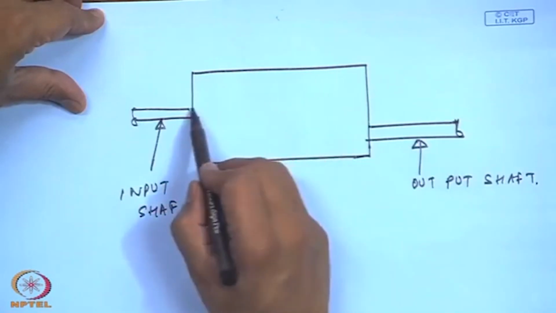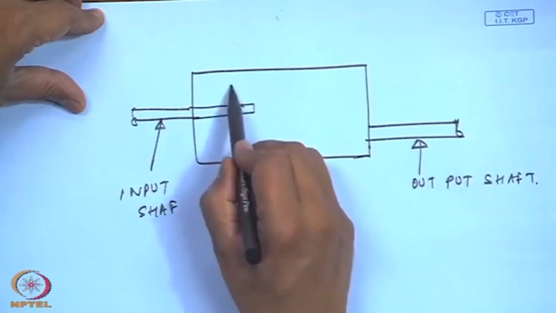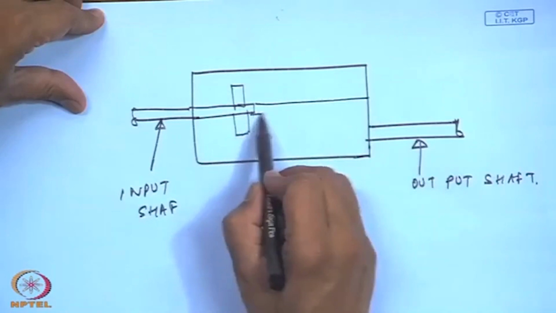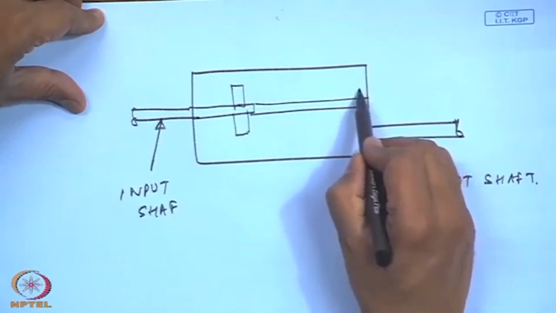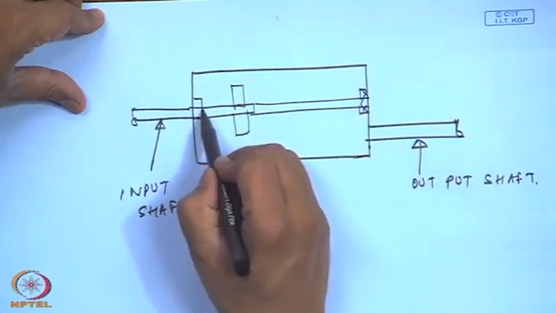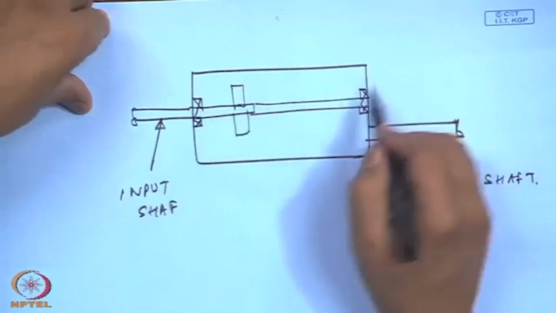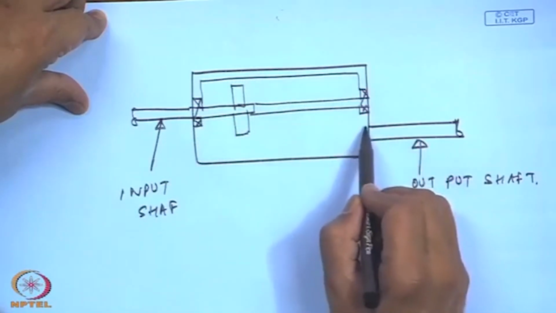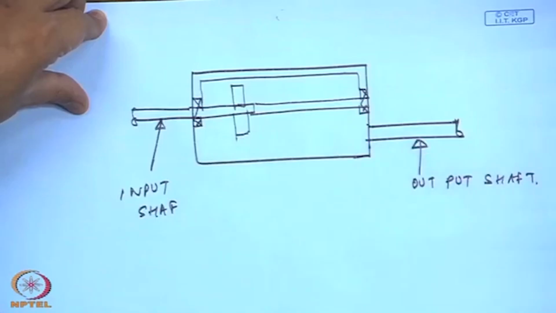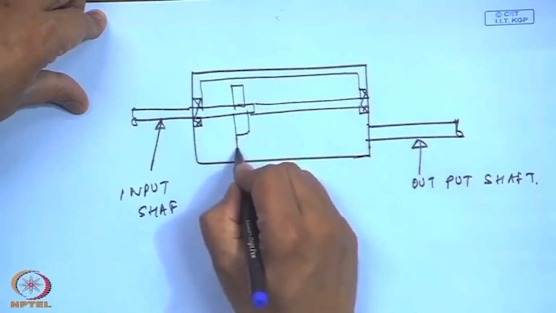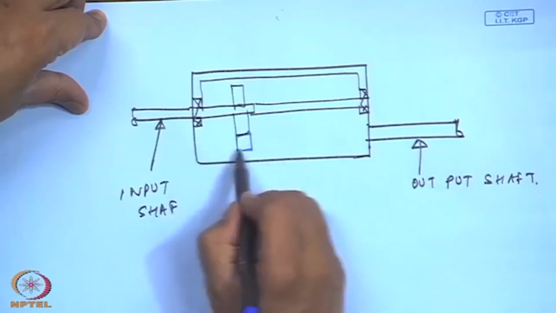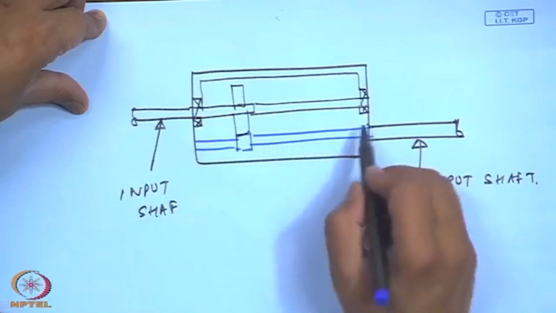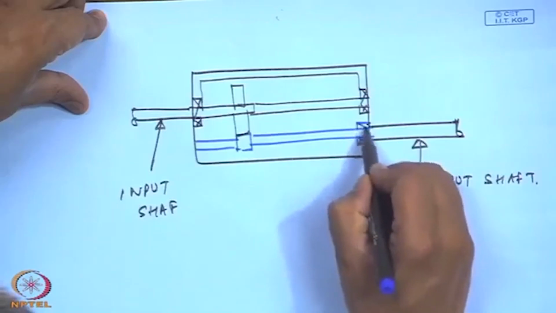and on these shafts there are gears mounted, and these shafts of course will not be in the air. So, they will be mounted on bearings and they are put on a casing. This shaft is also maybe having another gear, and this is also another shaft, which is put on a bearing here.